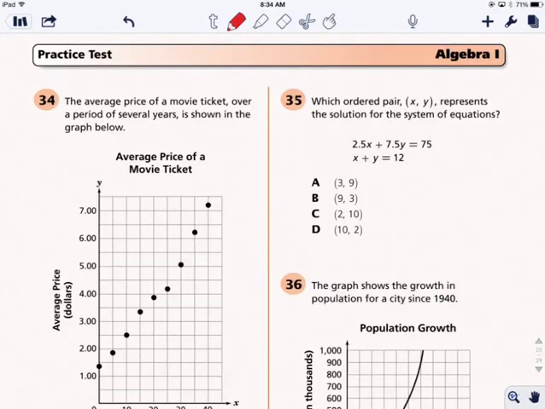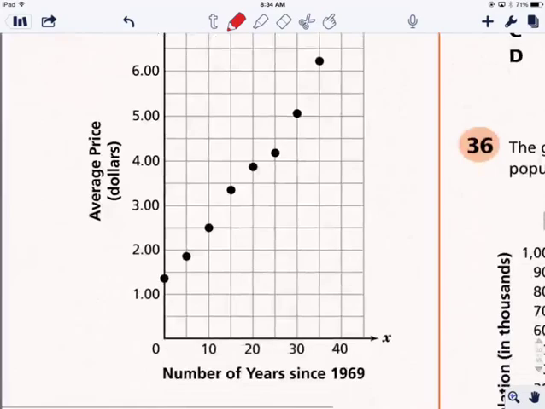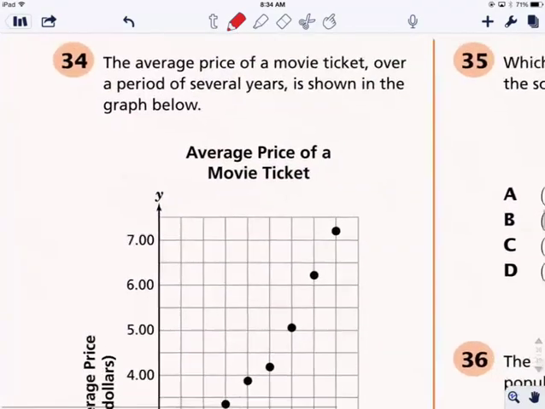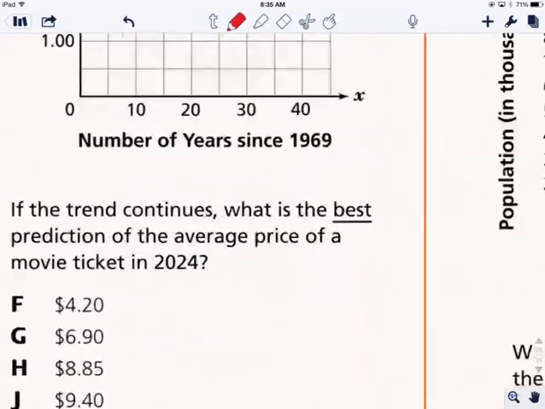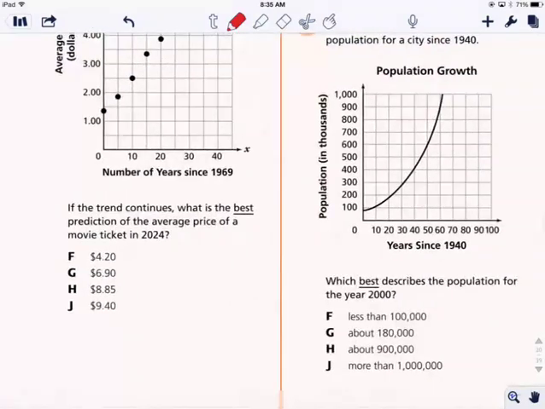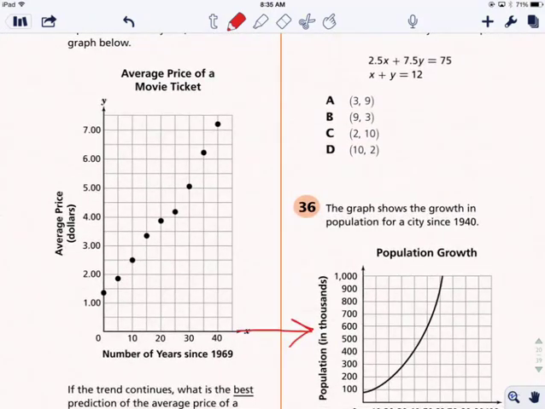Number 34 gives us a graph, a scatter plot, and we are asked to extrapolate to the year 2024. So we want to extend the x-axis out and figure out what will be the movie price up here when the year is 2024?